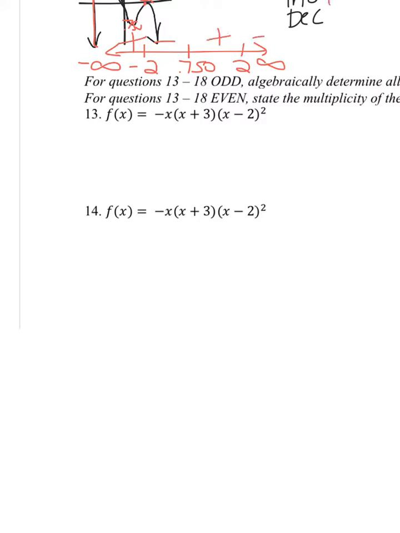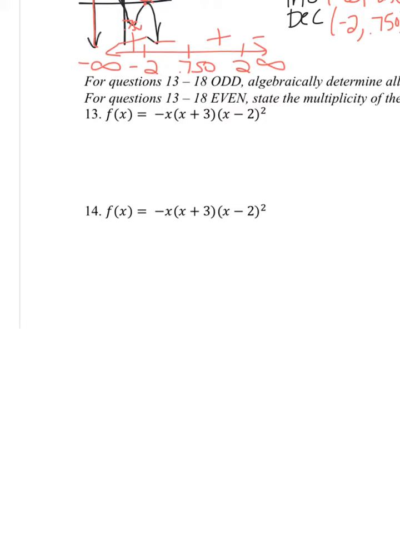So my interval for increasing is from negative infinity until negative 2. Decreasing is from negative 2 until 0.750. Increasing again from 0.750 until 2, and then I end off decreasing from 2 to infinity, with u's in between both intervals because I have more than one for each.